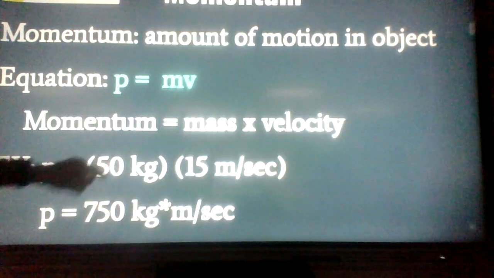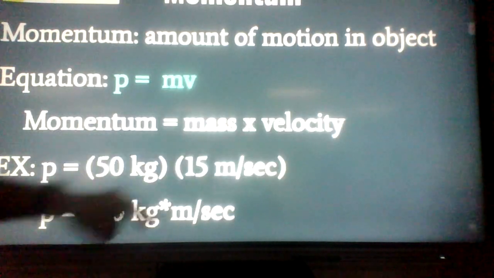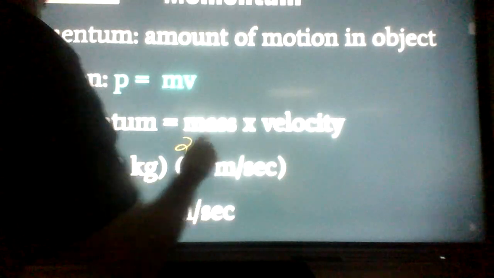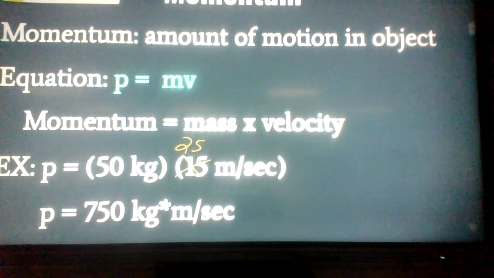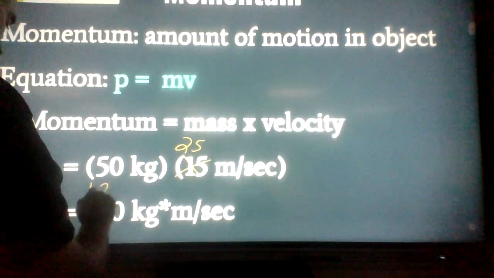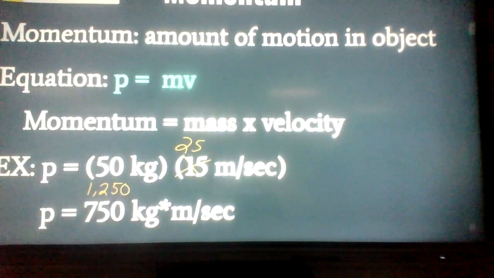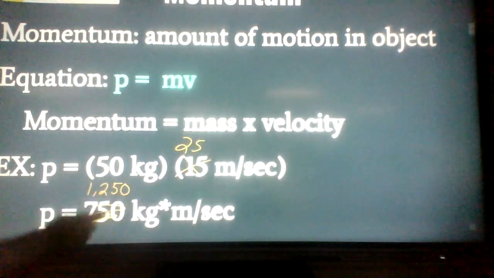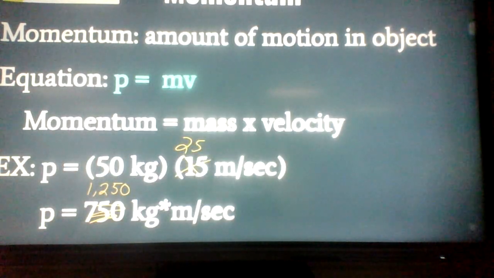Okay, go back to the 50 here, and let's say instead of 15, we're going to do 25 meters per second. Well, what's 50 times 25? All right, 1,250. So more speed gives us more momentum, just like more mass and more speed or velocity gives an object more inertia.